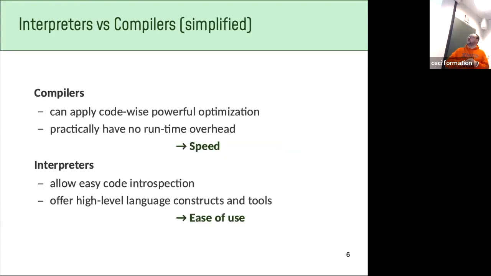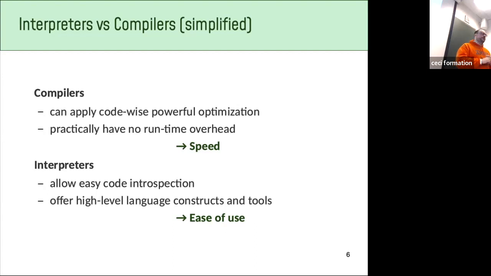The main feature of compilers is their speed, because they are able to apply powerful code-wise optimization, and they also have practically no runtime overhead, because the code that they produce is run as is. There's no additional infrastructure to run them beside the libraries that you will see.